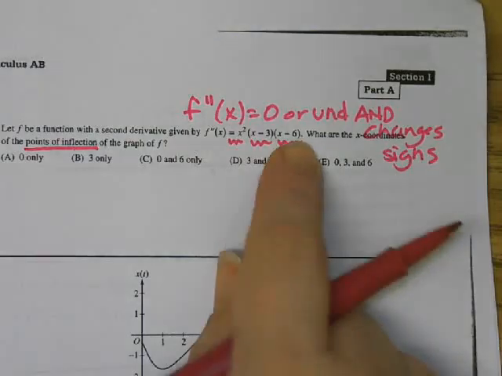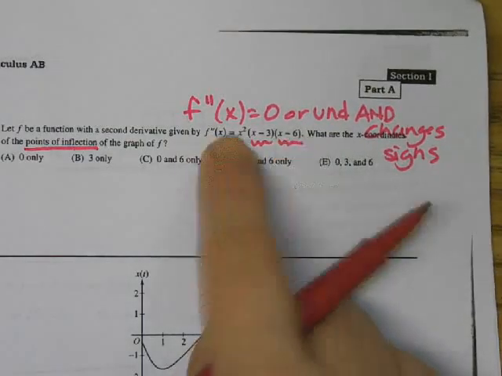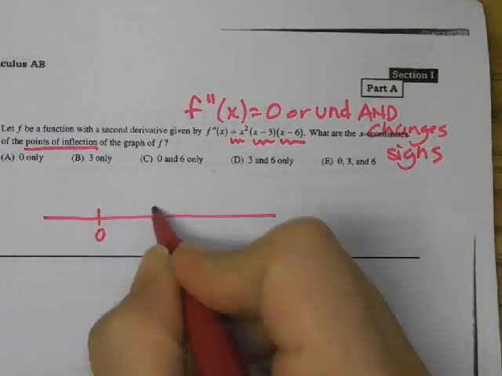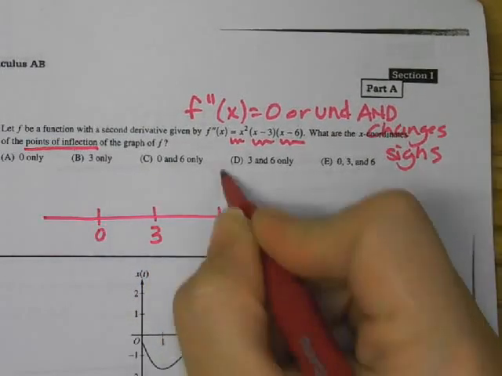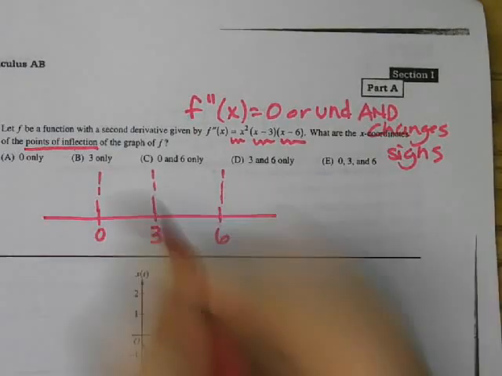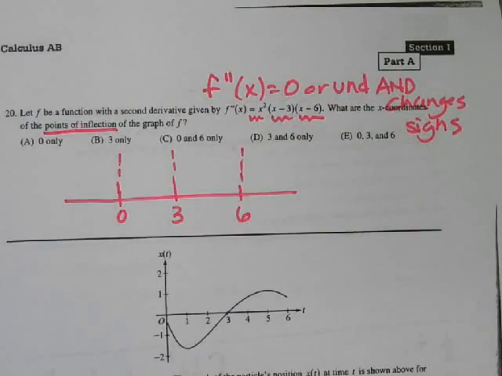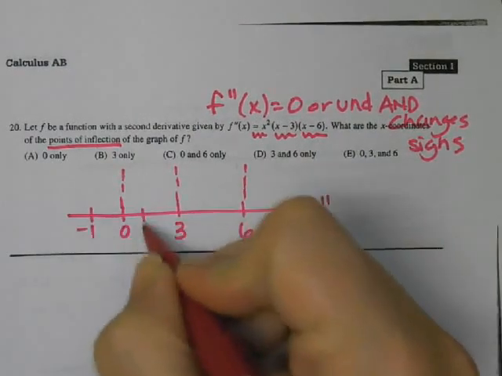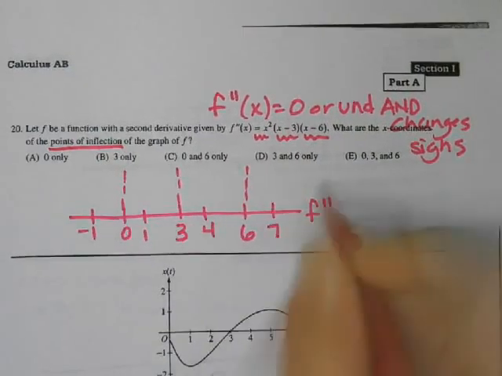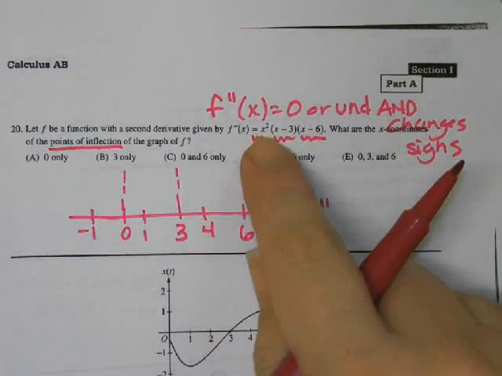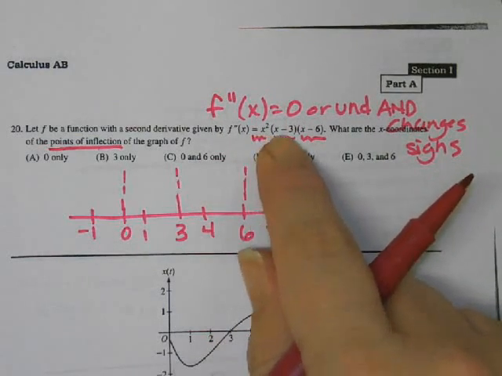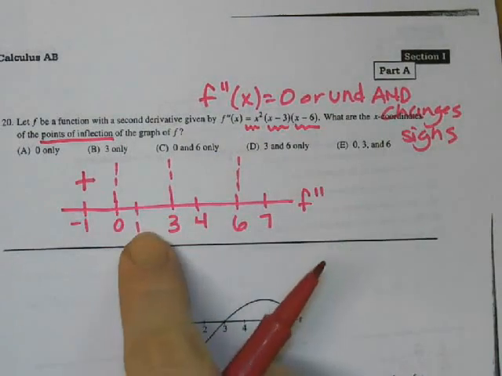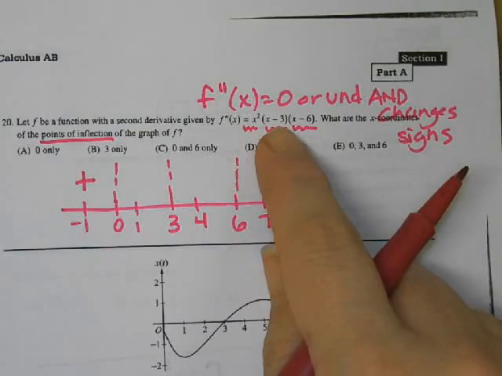Oh, no. Where the velocity, not where the velocity is positive, where the velocity is increasing. Where the velocity is increasing. So where the slope of the velocity is positive. So where it's concave up.